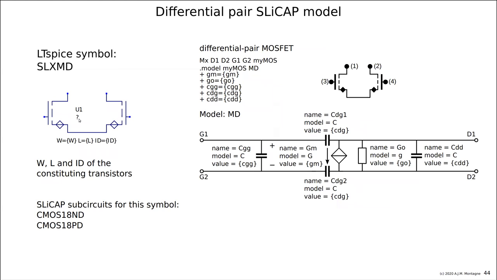And then the question mark, you can put in the name of your subcircuit. And the name of the subcircuit that accepts these parameters is CMOS18N differential and CMOS18P differential. So this is for P devices, the latter one, and the first one, of course, for N devices. And the small signal model is as discussed before. And this comes from the manual of SLICAP, so you can find it in the manual as well.